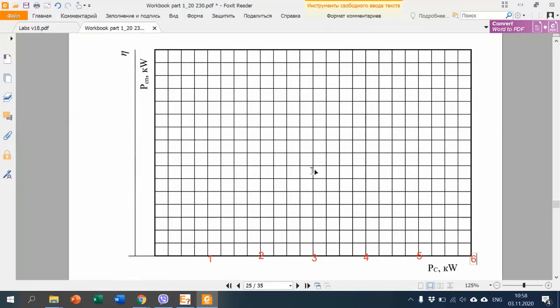Then efficiency maximum value is 1. So it's 1, 0.9, 0.8, 0.7, 0.6, 5, 4, 3, 2. No, we need not so deep. Sorry, I should put it differently.